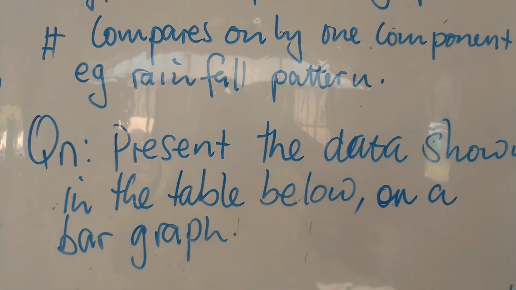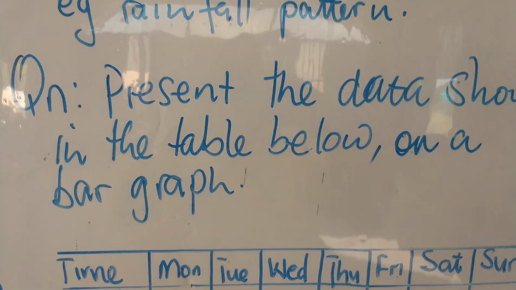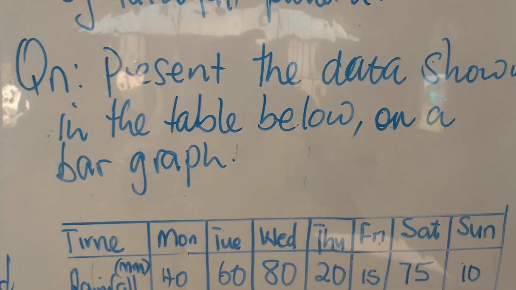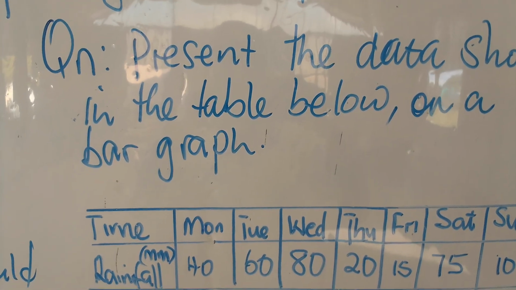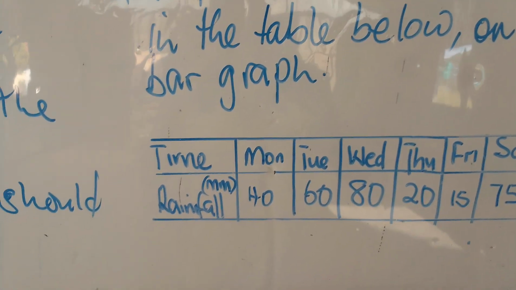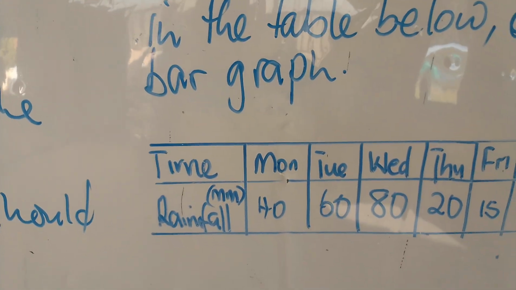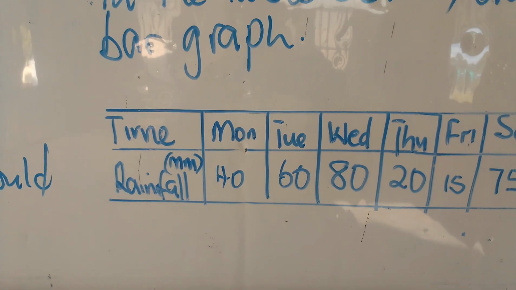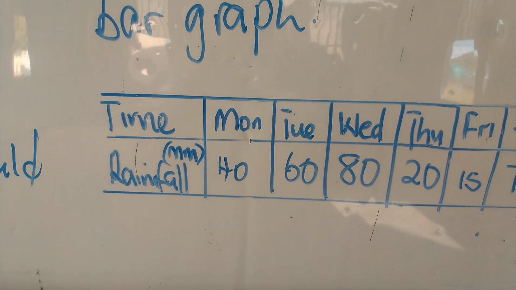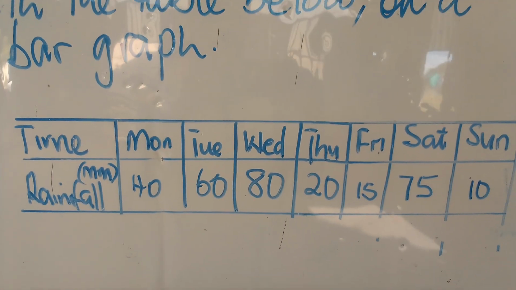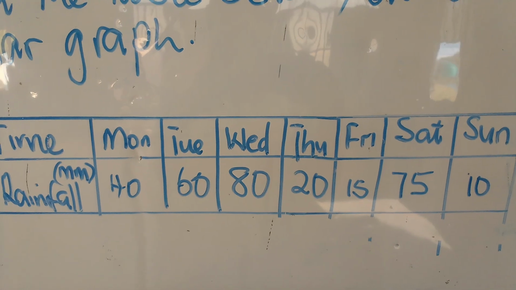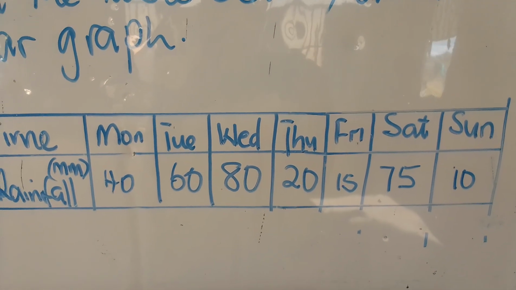Now let us consider the following question. Present the data shown in the table below on a bar graph. The independent variable is the time, which in this case is Monday, Tuesday, Wednesday, Thursday, Friday, Saturday, and Sunday.